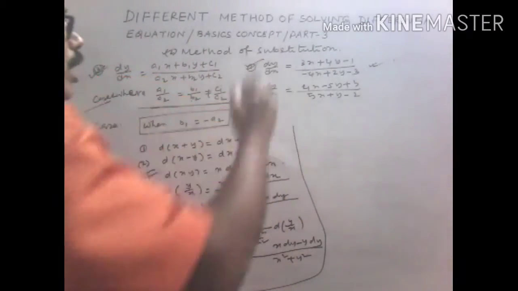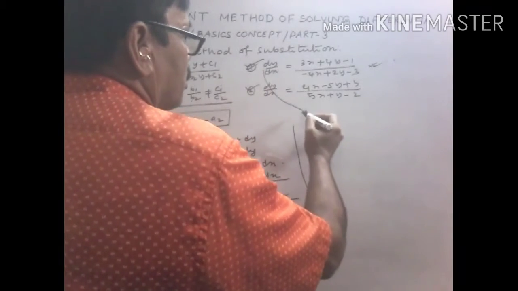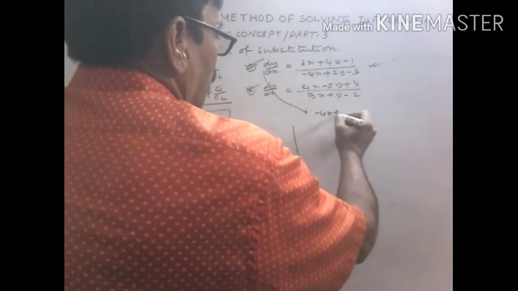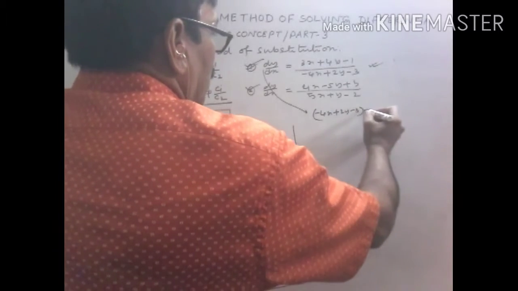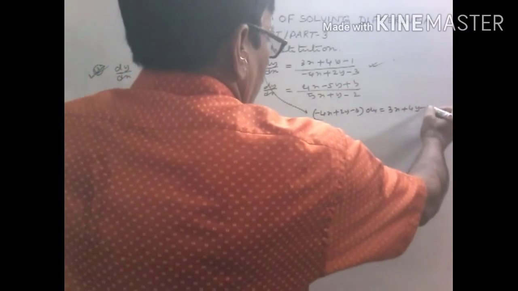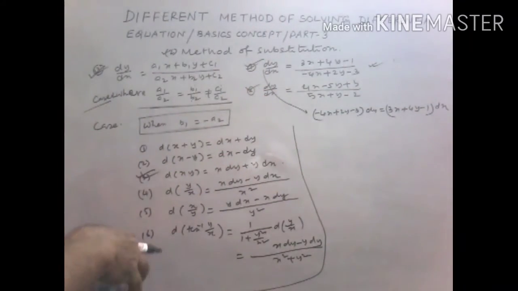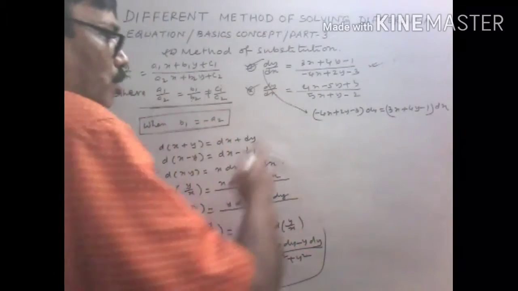So suppose problem number 1. After this step, minus 4x plus 2y minus 3 into dy equals 3x plus 4y minus 1 into dx.